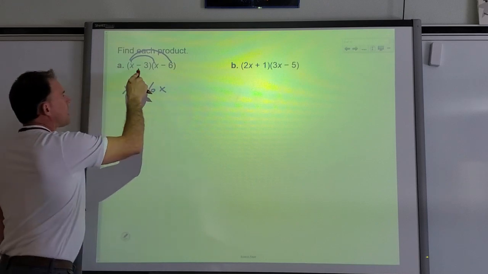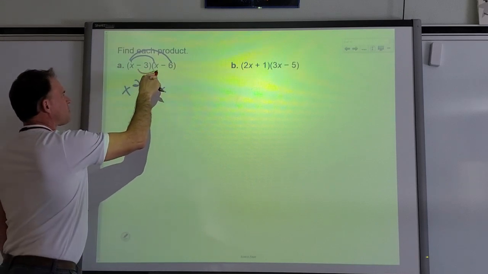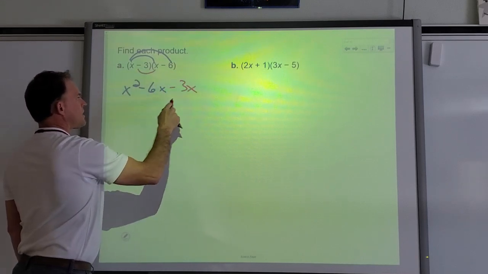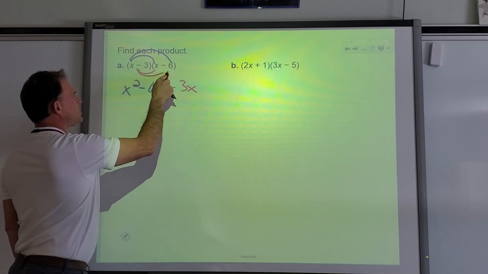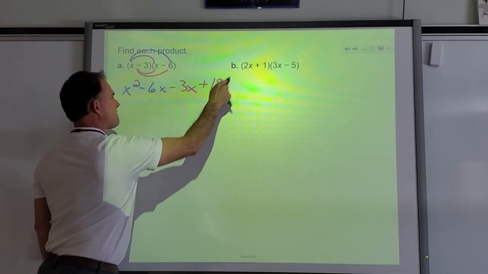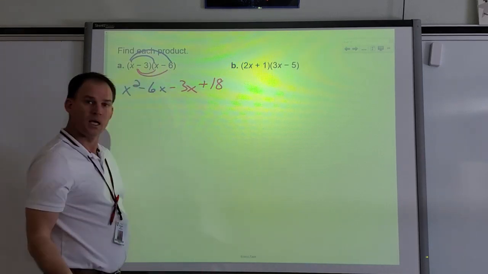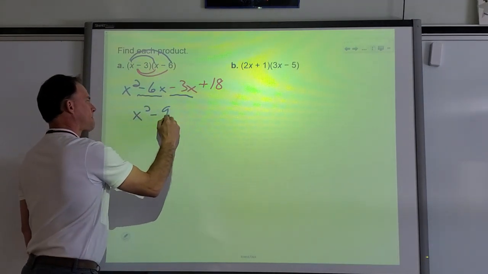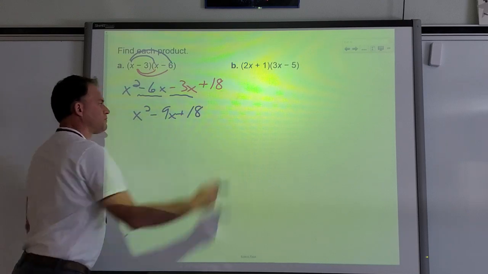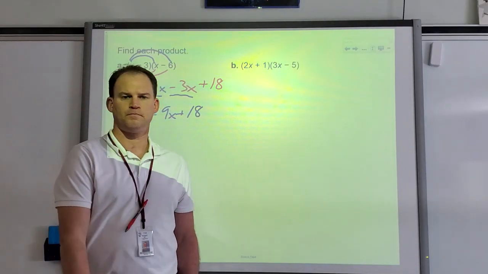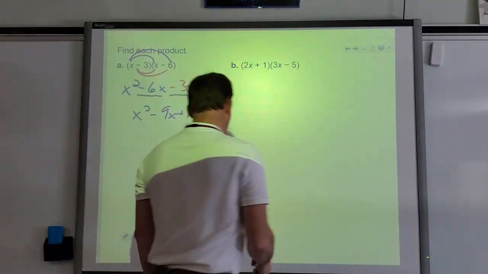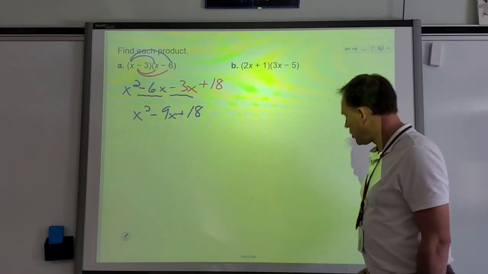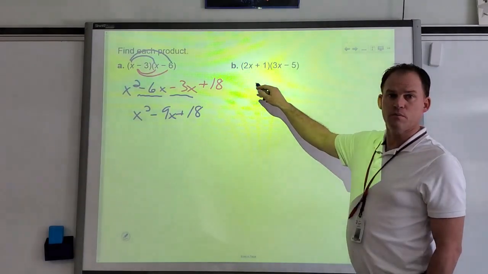Then I multiply the inner terms together. Then I multiply the last two terms together. Combine like terms. To get the final product. All right? All right.